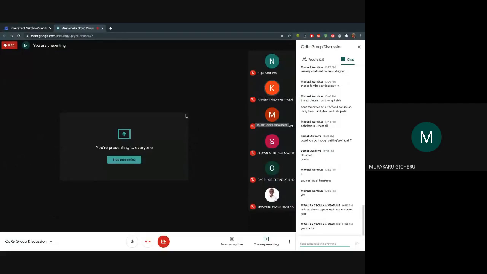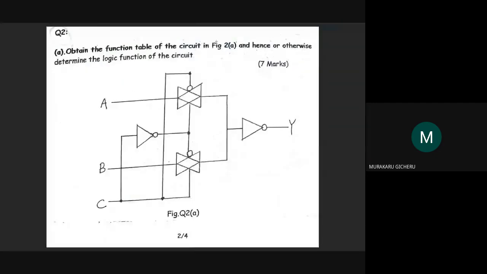Okay, so now to the question. Obtain the function table of the circuit in figure 2a, and hence determine the logic function of this circuit. So for me, the first thing I check is whether or not whatever I'm working with is on or off.